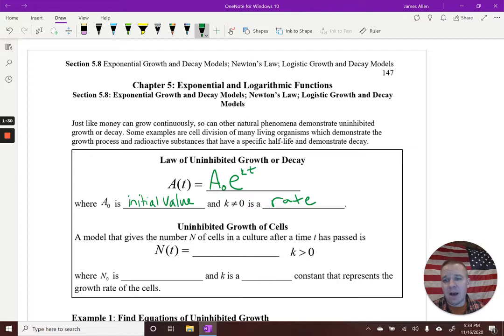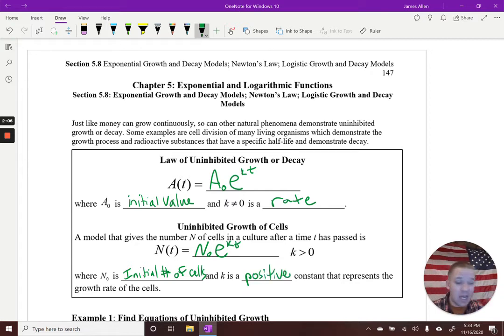Now, another one, uninhibited growth, is going to be basically the same formula, except we're going to use N naught. You might see it written this way anyways. N of t equals N naught e to the kt. And since it's growth, k is going to be positive, where N naught is our initial number of cells, and k is a positive constant that represents the growth rate of cells.